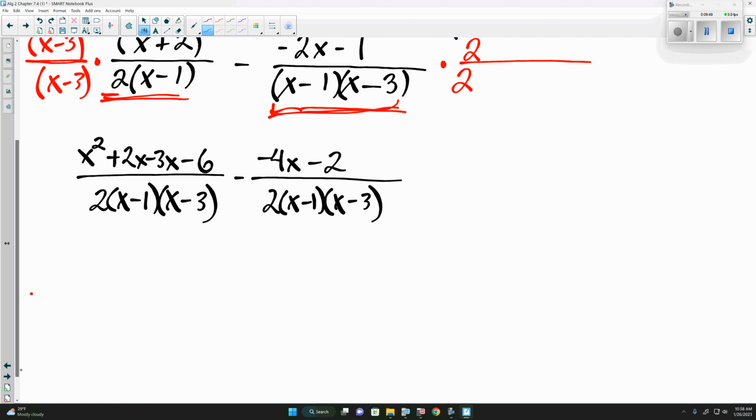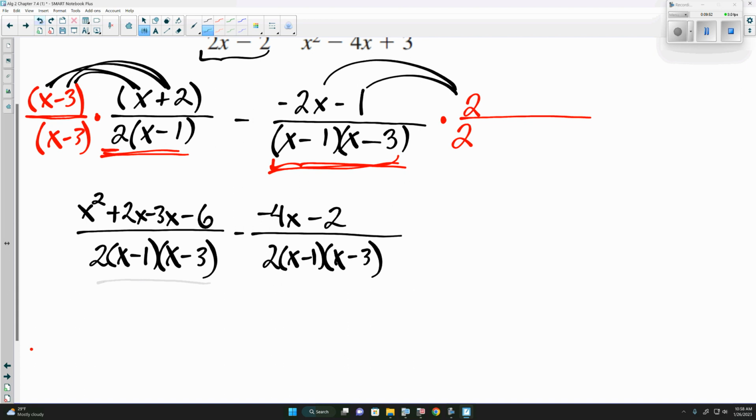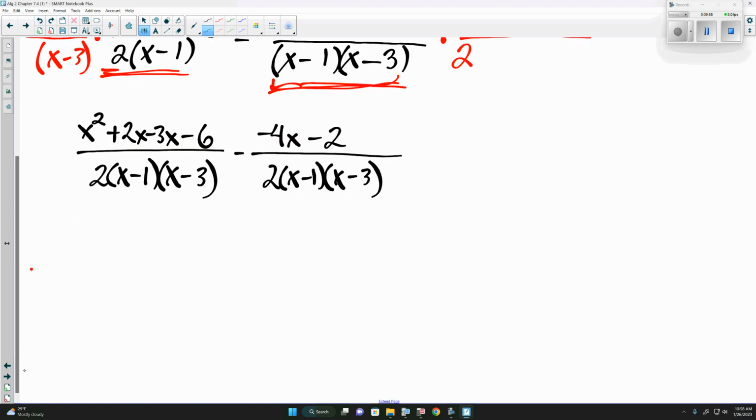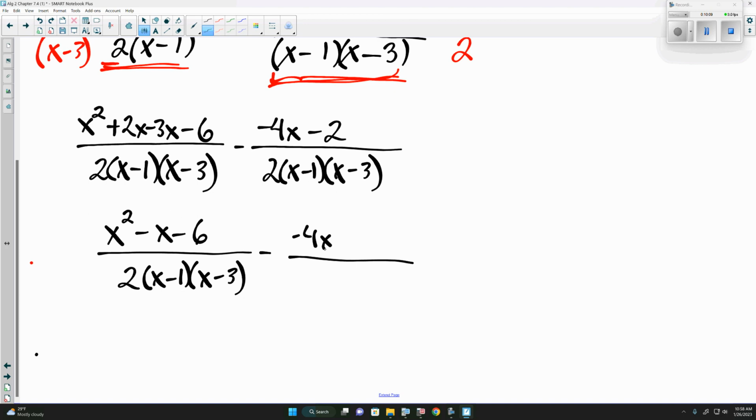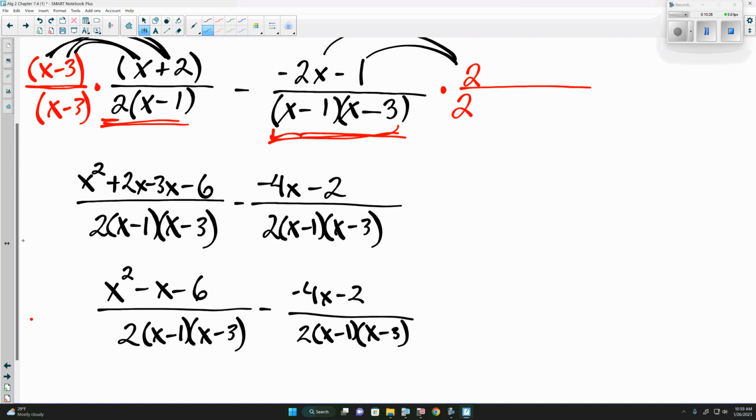Now at this point we can combine like terms. There we go. So we'll have x squared minus x minus 6 over 2 times x minus 1 times x minus 3 minus. So questions about what? 2 and 3 here.